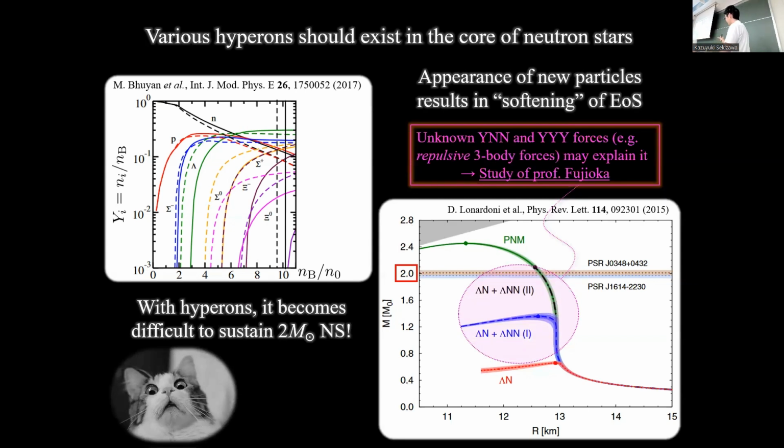It makes the equation of state much stiffer and gives us saturation properties. And there are some discussions that by introducing such a repulsive 3-body force including hyperons, we can reproduce or explain this massive neutron star, even if it includes the hyperons.